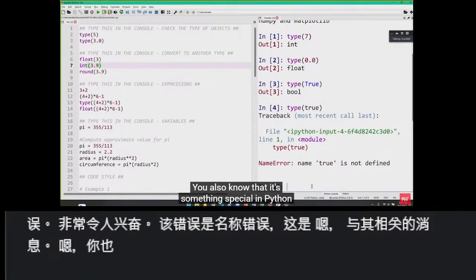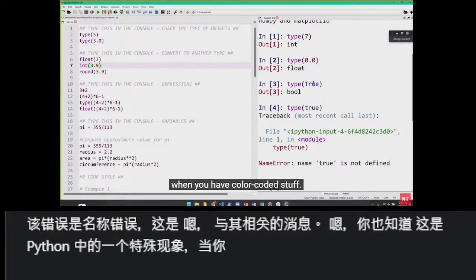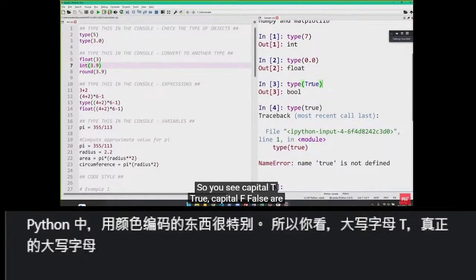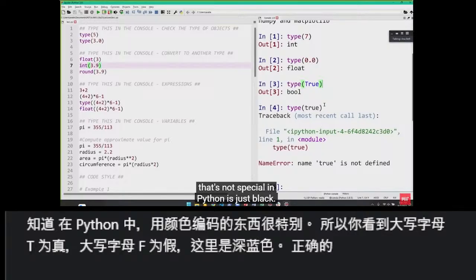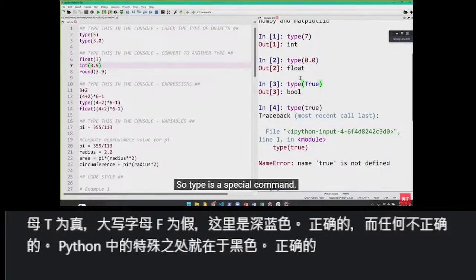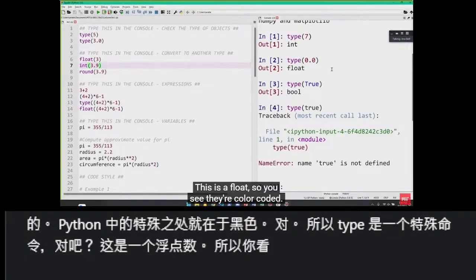You also know that it's something special in Python when you have color-coded stuff. So you see capital T True, capital F False are this dark blue here, whereas anything that's not special in Python is just black. So type is a special command. This is a float, so you see they're color-coded.